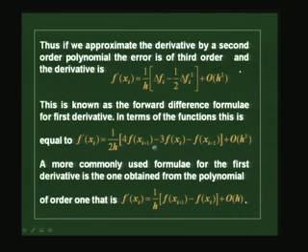Here is a forward difference formula, what we normally know, which actually comes from this polynomial interpolation idea for equidistant points.